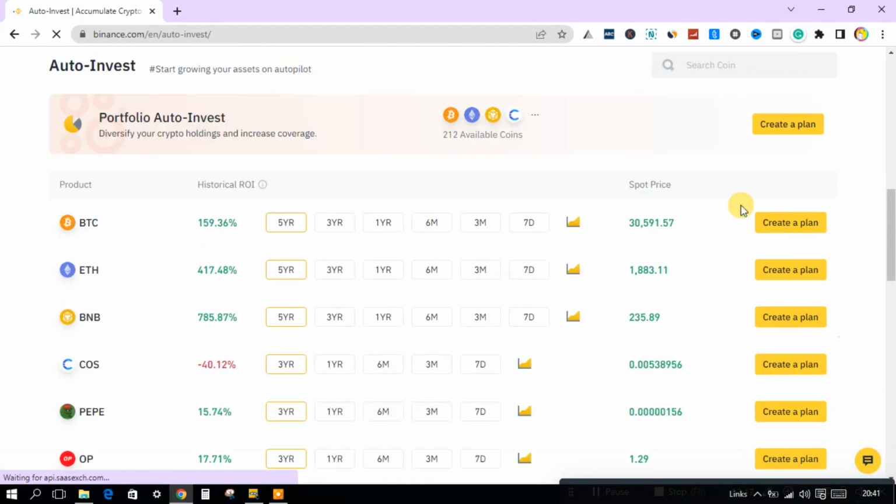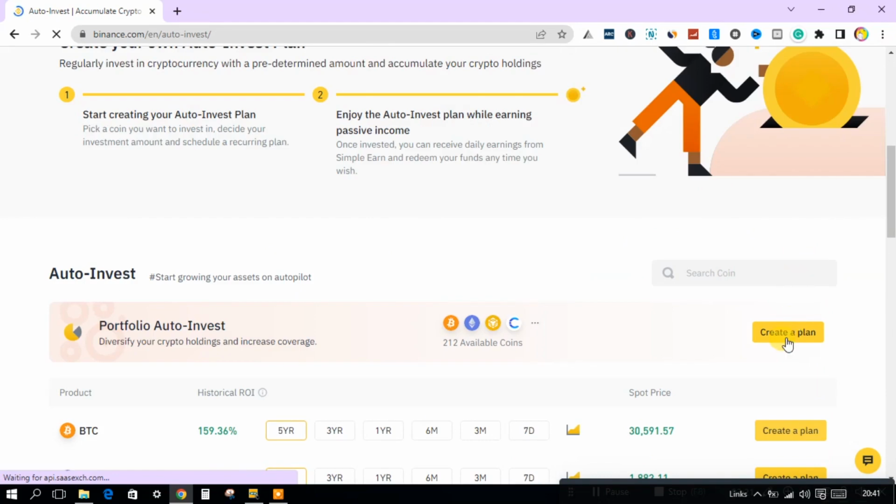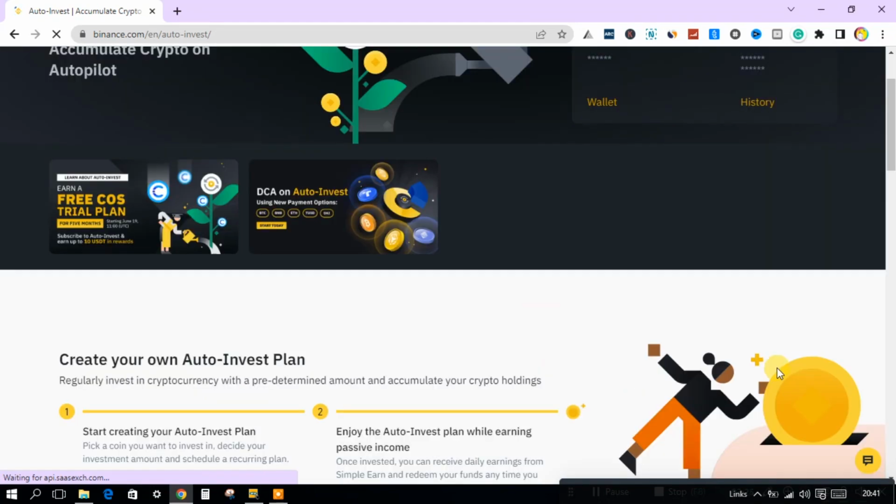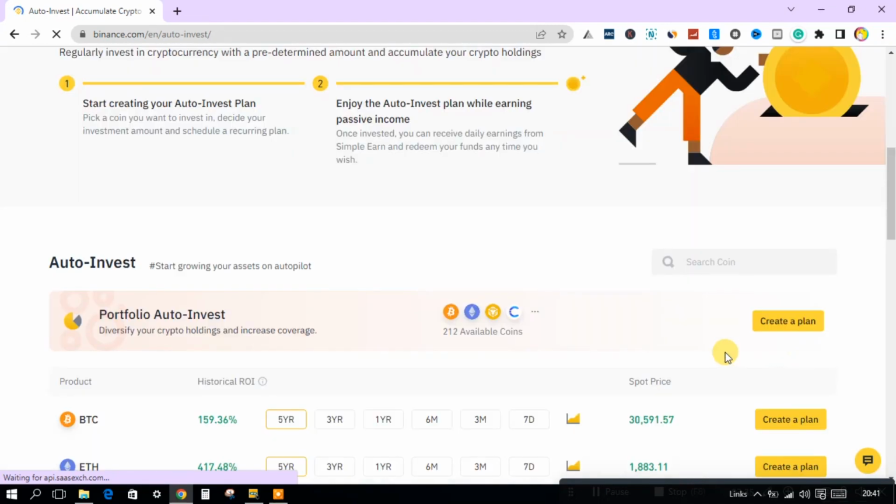So you can create it by choosing the yellowish create a plan. I would advise you to go to the top section and then click on create a plan. Yes, so do not choose a single asset. Do not choose a single cryptocurrency, because if it goes down, it means you are going to run at a loss. I would advise you to go by multi crypto assets, which is the top 5, top 10.